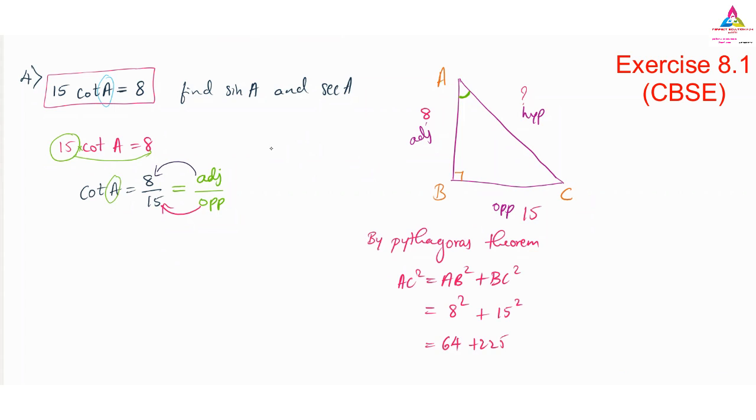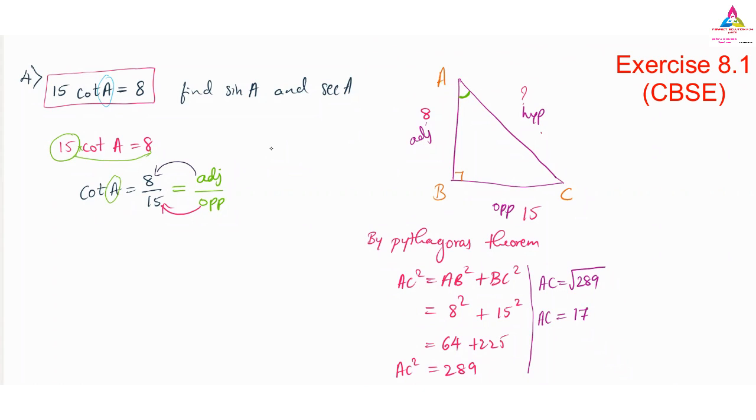So 225 plus 64 is nothing but 289. That is nothing but AC square. But we need only the AC value. So AC is equals to, square on the other side will become square root of 289. What is the square root of 289? 17. Yes, 17, very good. So 17 will become the hypotenuse.